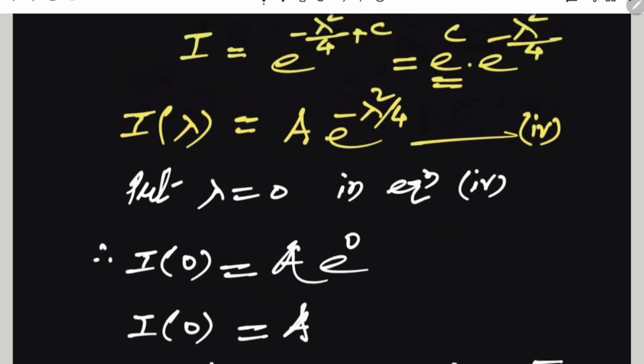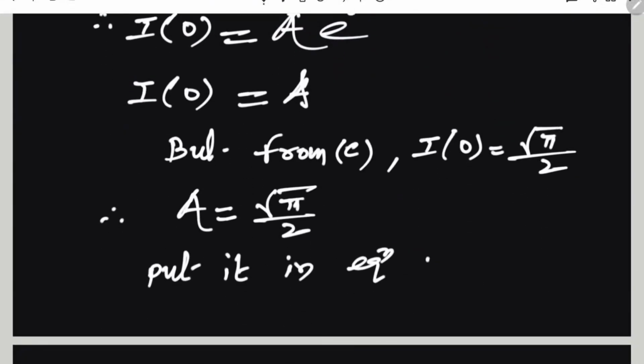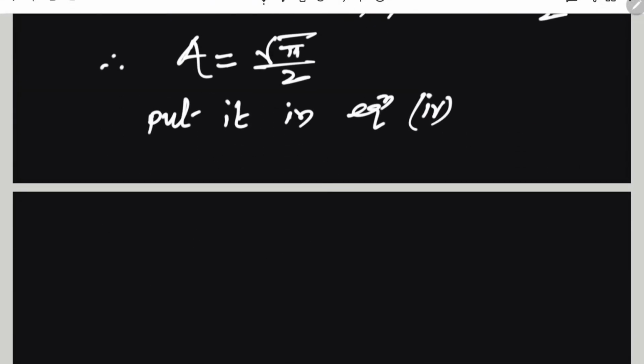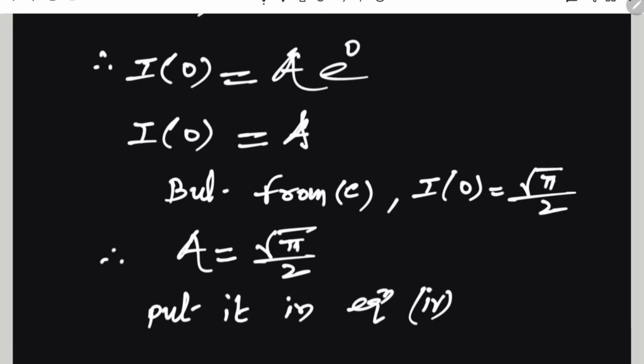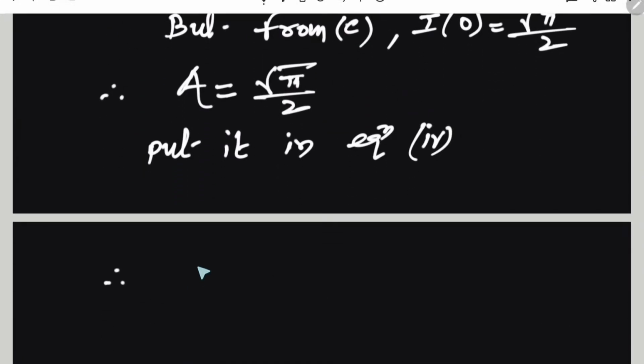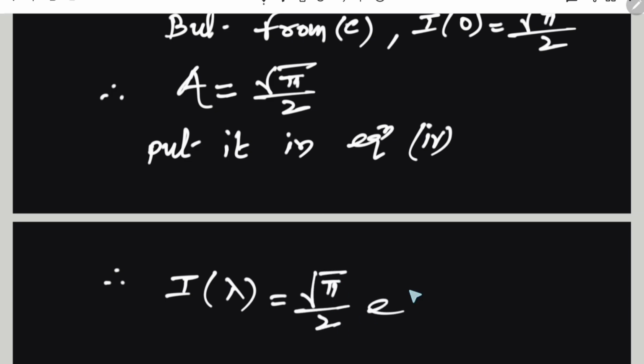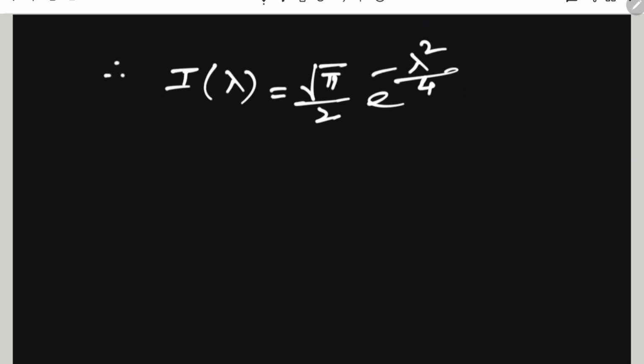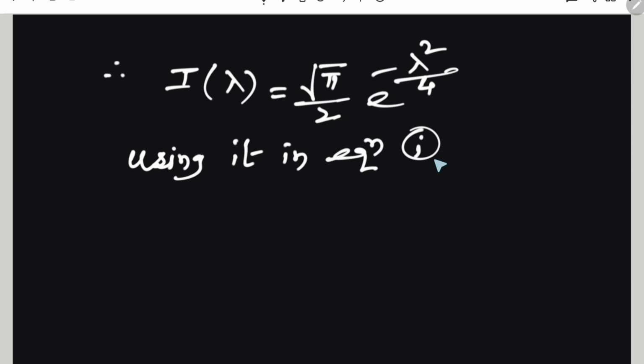And substituting this in equation 4th, we get I of λ as root of pi by 2, root pi divided by 2 into e raised to minus λ square by 4. Then using this in equation 1 to find out Fourier cosine transform, nothing but Fc of λ.